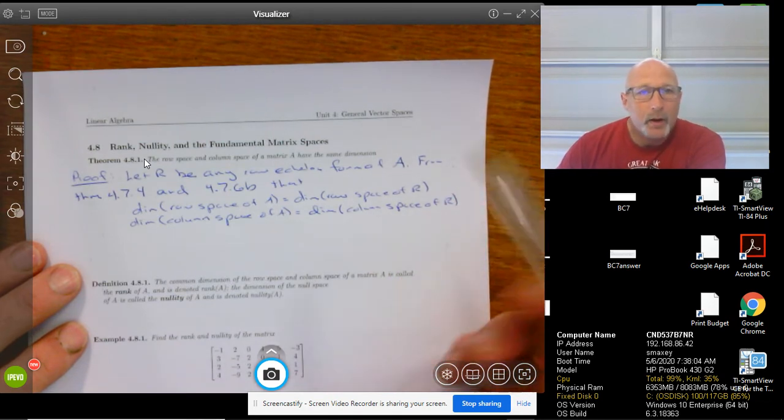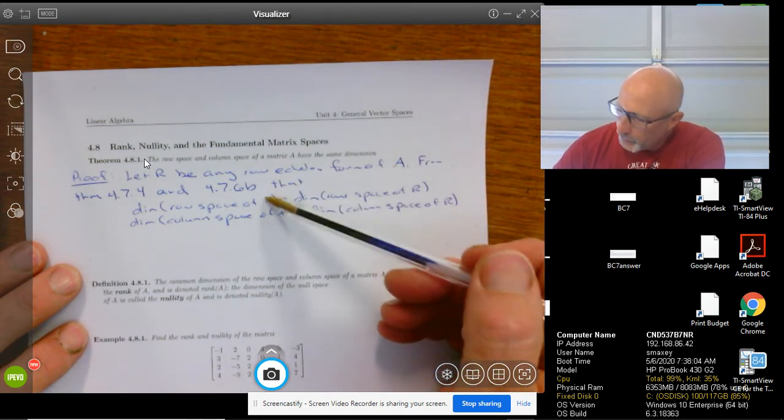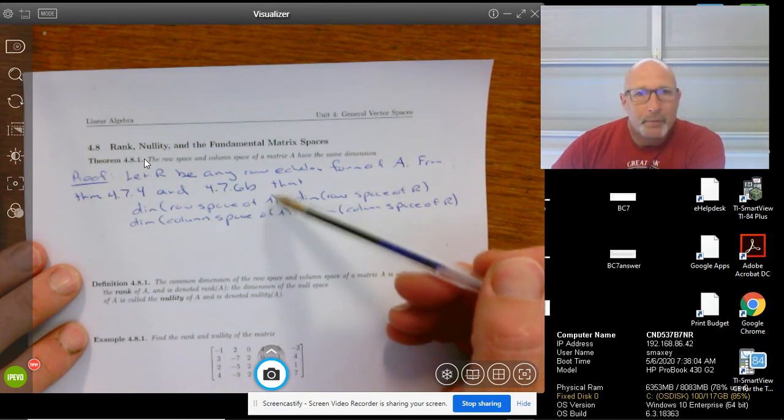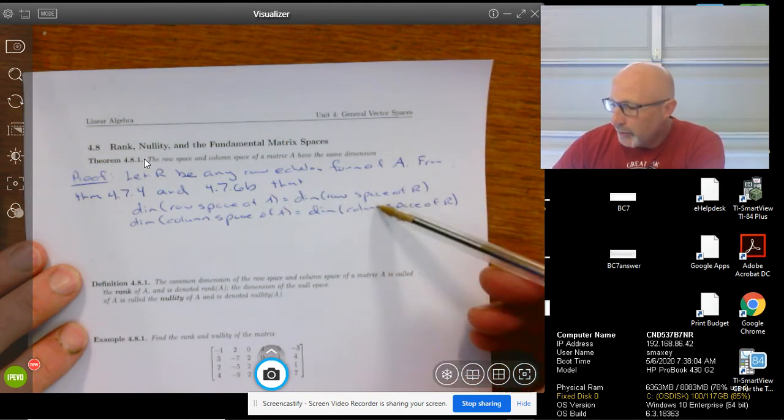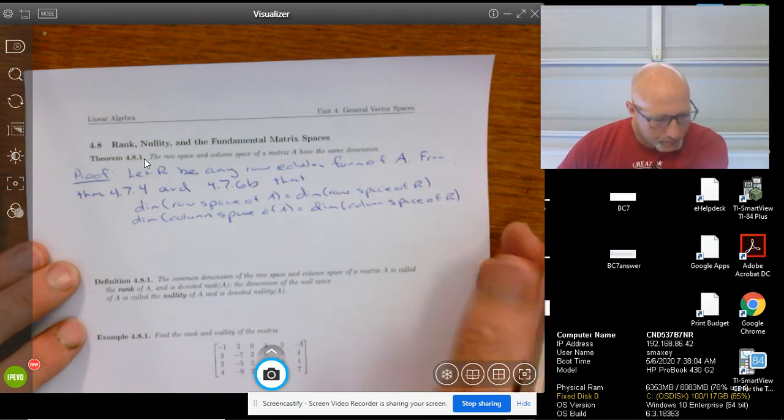Okay, so what I want to try and do is show that these two actually have the same dimensions, but I'm not going to show those two. I'm going to show that these two have the same dimension.